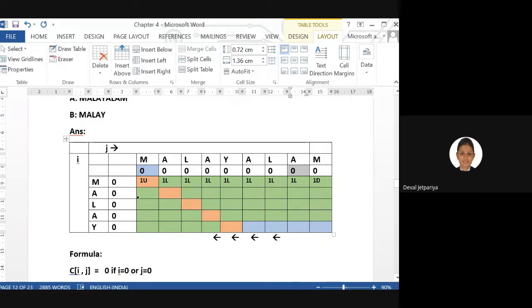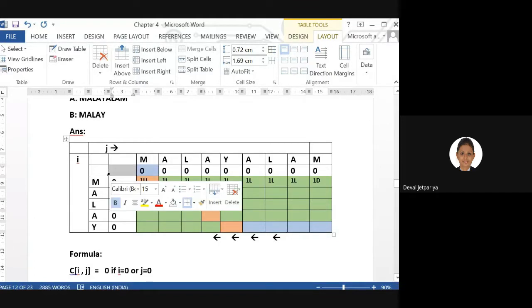Fine. Let's start with this box. Row value A, column value N. There is no matching. Definitely we had added plus 1. But there is no diagonal present. At that time also I had informed that, as in the first box, there is no diagonal value present, so we are assuming 0.